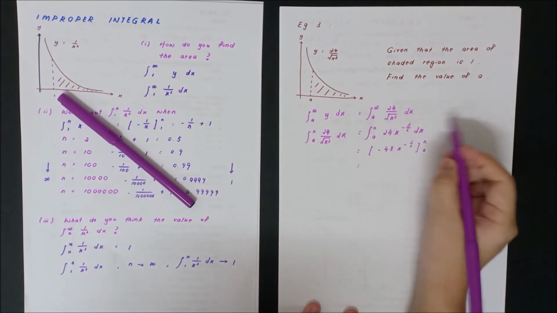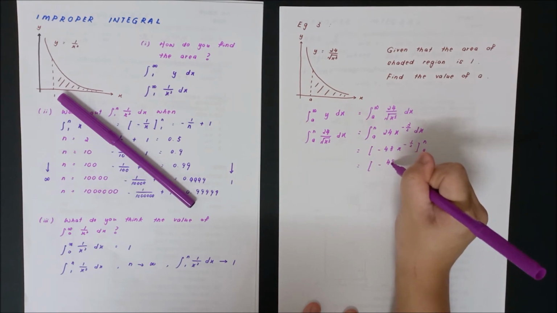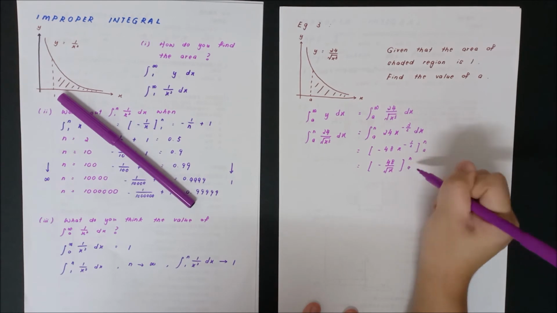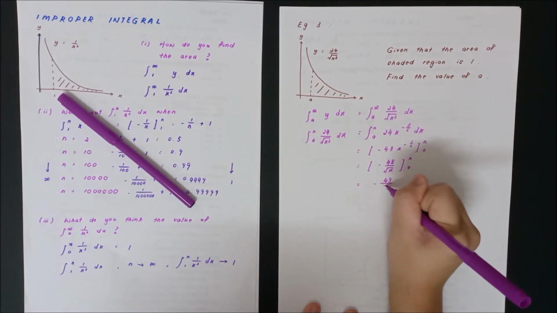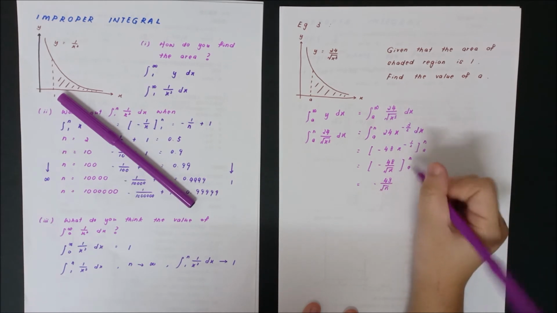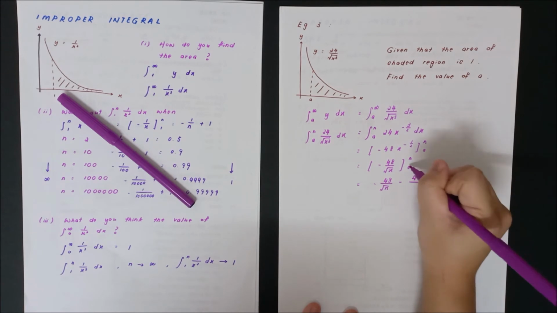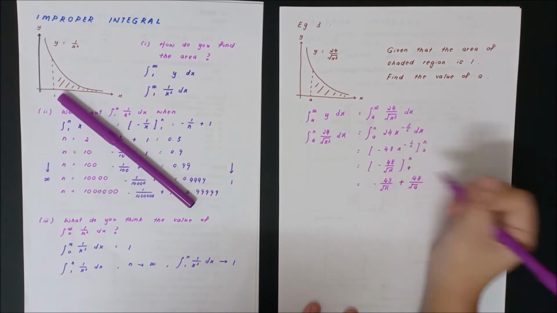So equal to, then you continue to write it in this way. Then now let's substitute n. Substitute a. Sorry, this is a. Yeah, substitute a. Negative, negative, so plus.